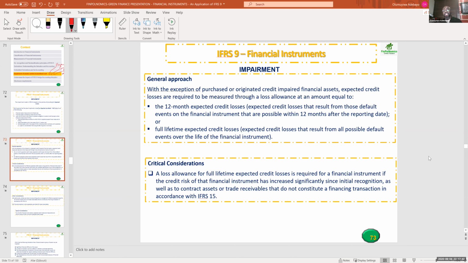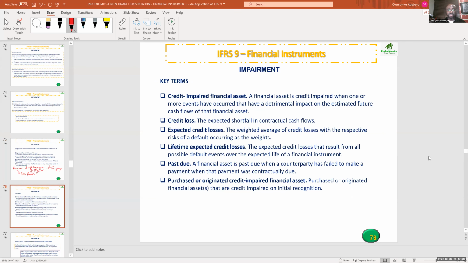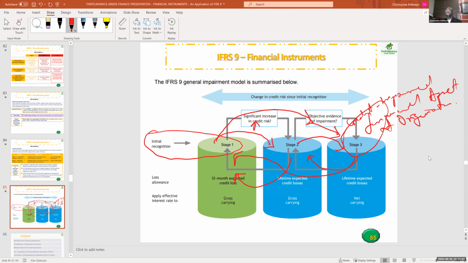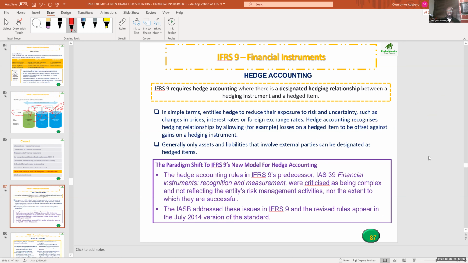Even though hedge accounting is an introduction for financial reporting at ICAN skill level, at corporate reporting level, we'll discuss it extensively and carry out enough analysis on it.